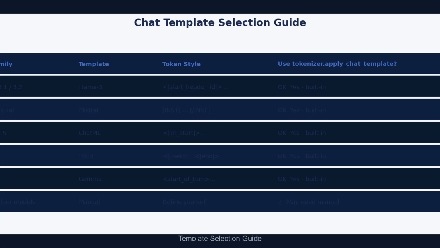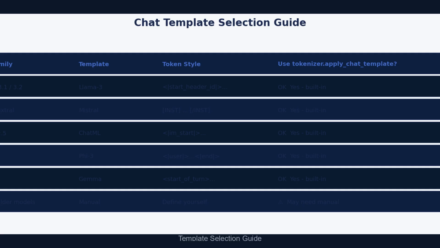This reference table maps model families to their correct template names and token styles. Llama models use the start header ID format and are fully supported by Unsloth's built-in templates. Mistral uses instruction tags and is equally well supported. Gemma uses start_of_turn markers.